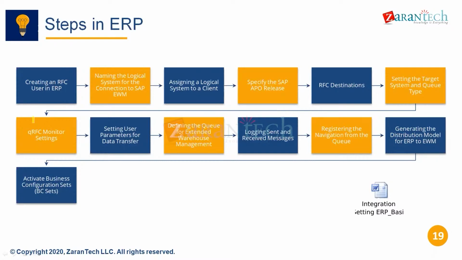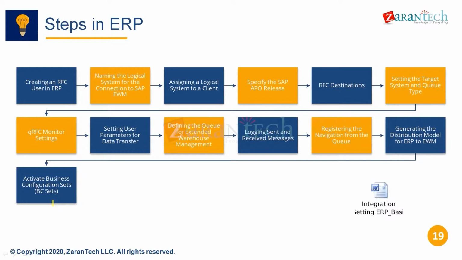And then there are some BC sets also, which are recommended by SAP to activate as part of these basis settings. Now I don't want to label that these are the settings, always do these settings and follow this document, because things keep on changing. These are the settings which were there in 1909.